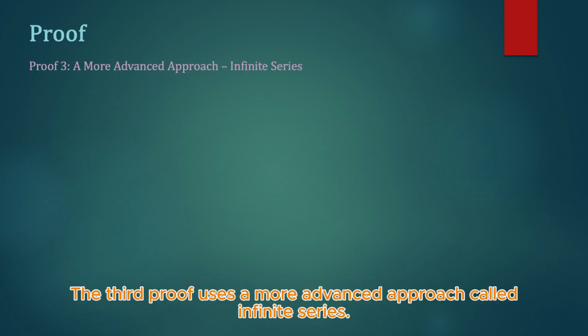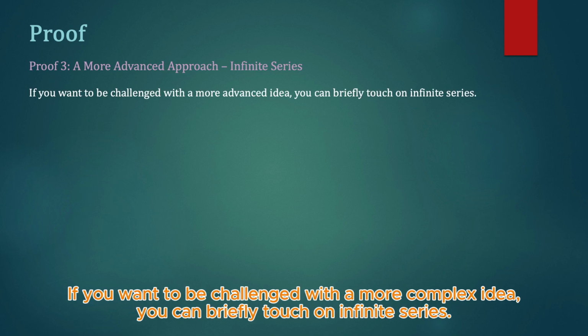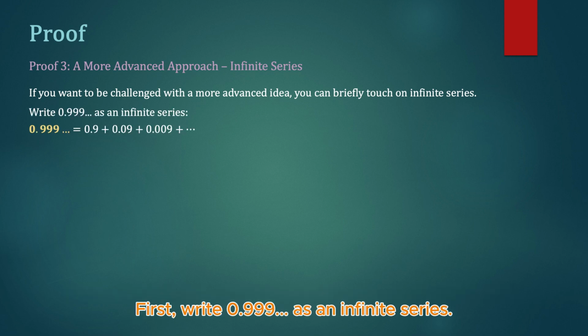The third proof uses a more advanced approach called infinite series. If you want to be challenged with a more complex idea, you can briefly touch on infinite series. First, write 0.9 repeating as an infinite series.